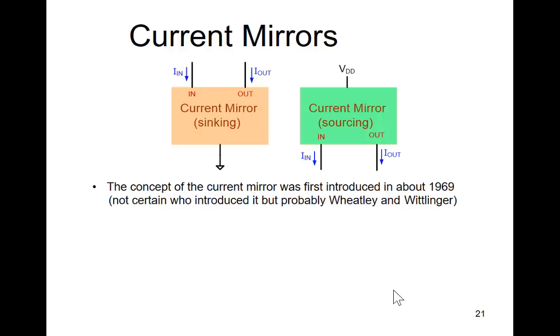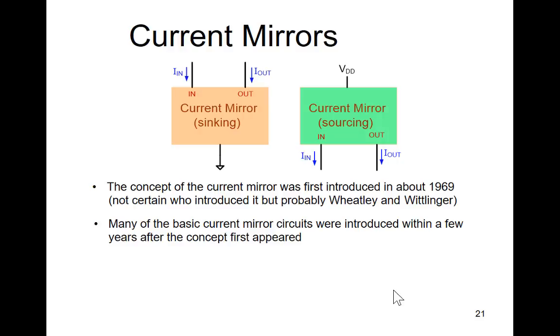So the first paper I saw that used the term current mirror was a paper titled OTA Obsoletes the Op Amp by Wheatley and Wittlinger. So I finally called those guys up. They were working for RCA. I asked Wittlinger, he didn't know too much about it.